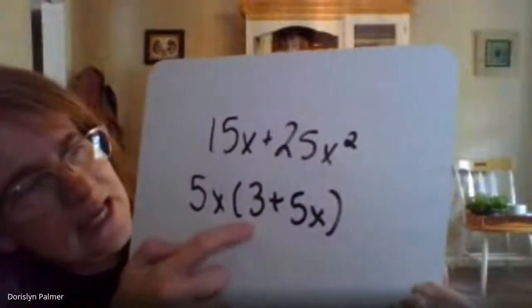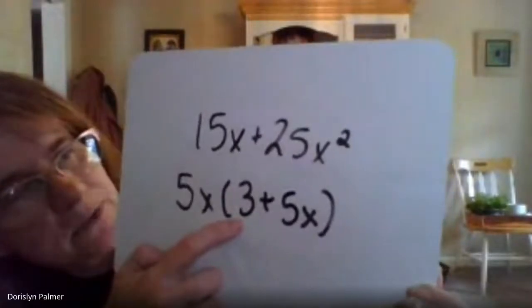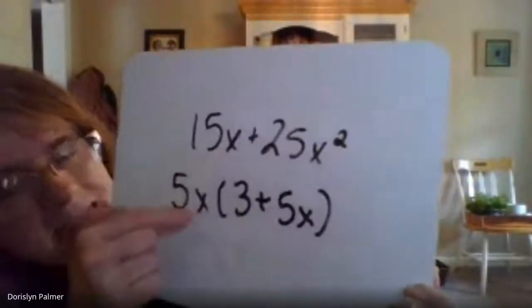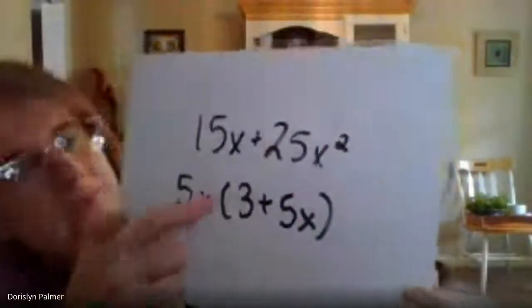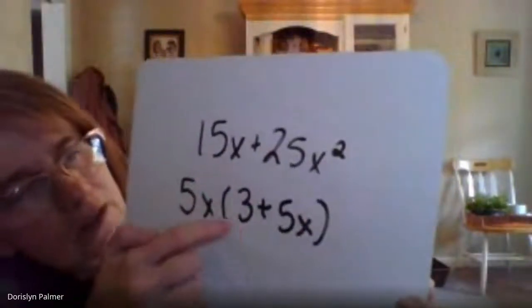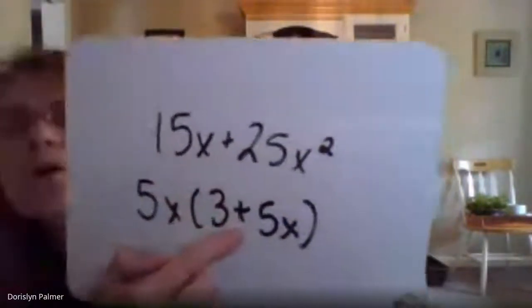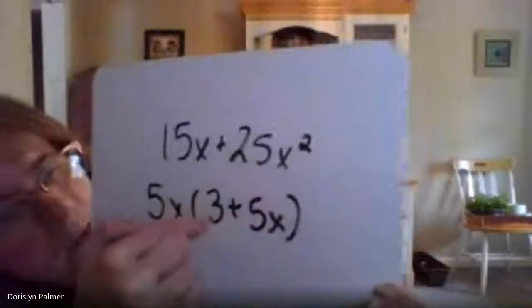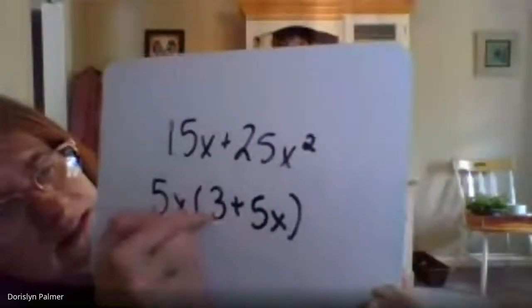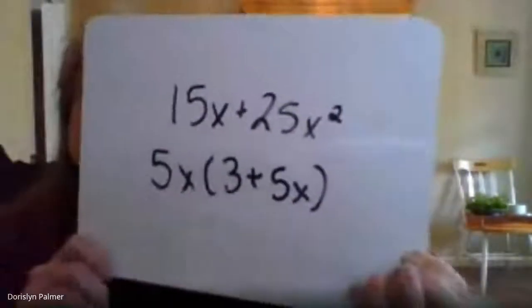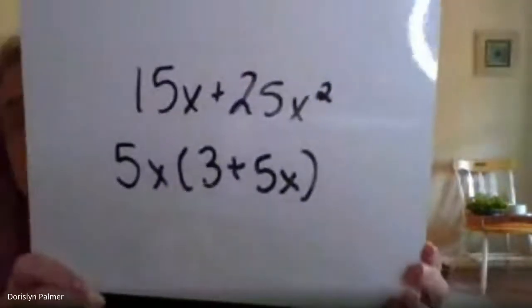And then she said, what's this number going to be inside? Well, what's 15x divided by 5x? It's 3. Put your plus sign in. What's 25x squared divided by 5x? It is 5x. You can always check to see if you're right by going back through and using the distributive property. That's how I'm going to see if Lauren's right.